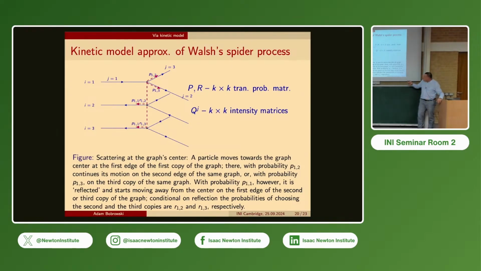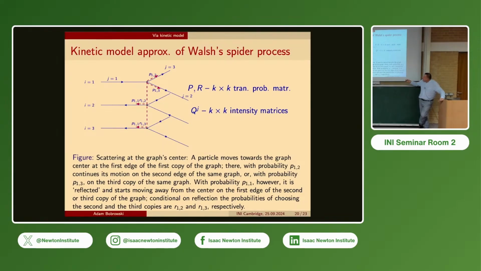On the first copy, I distinguish one particular edge on which the process always goes towards the center, and on the remaining ones it always goes away from the center. On the second copy, this edge is distinguished, so that on this edge I go to the center, and on the other ones I go away from the center. And the same here, I go towards the center on one edge and away from the center on the remaining ones.